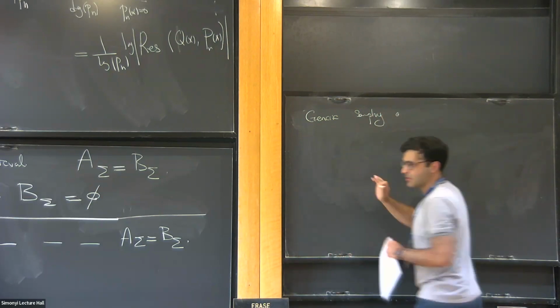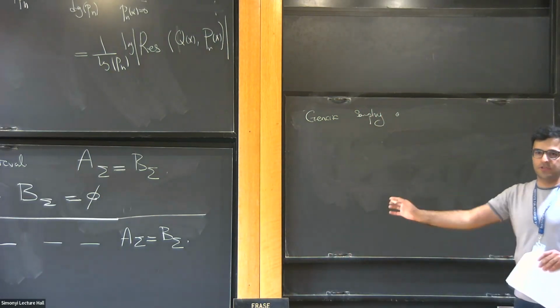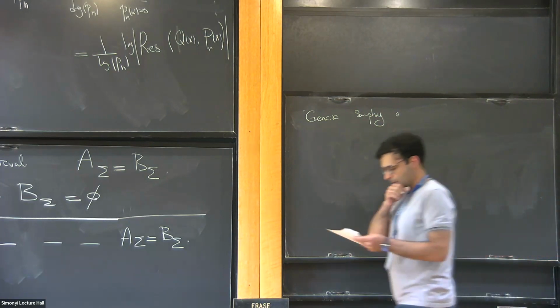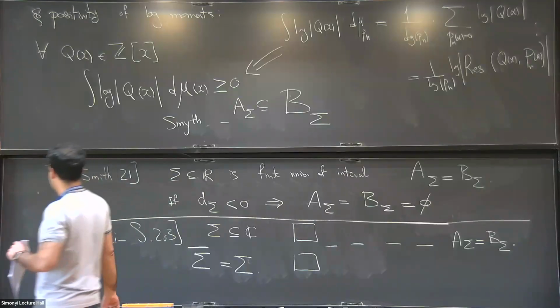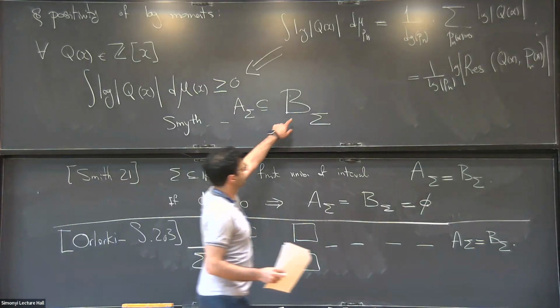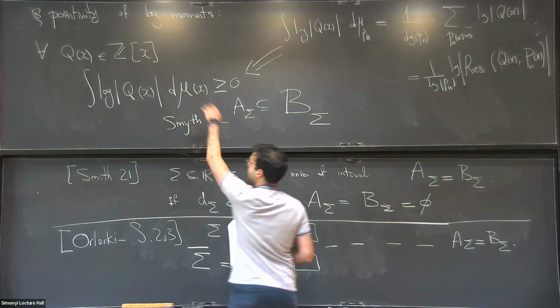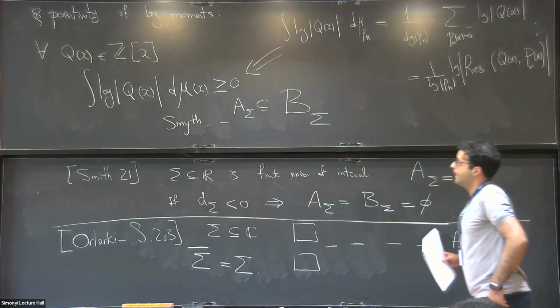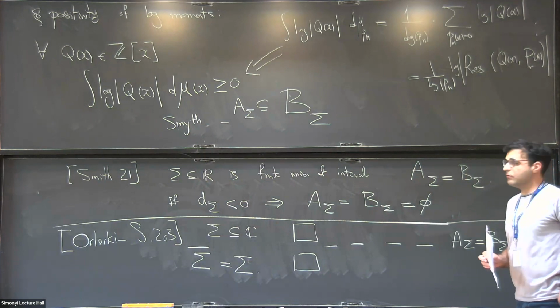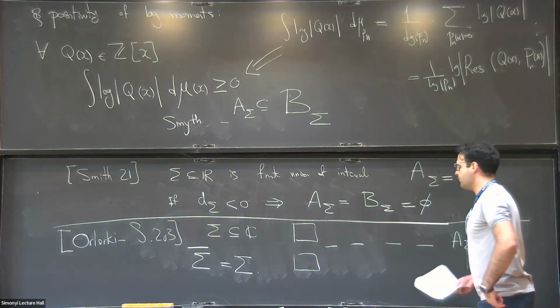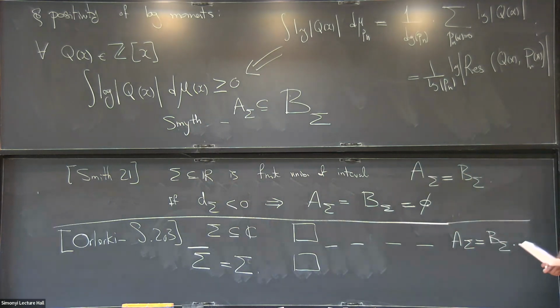And so now I'm going to talk about the proof of this theorem. So the goal is the following. We are given a measure which satisfies this sigma, meaning that it satisfies all the positivity of log moments. So we want to construct a sequence of polynomials converging to that measure.